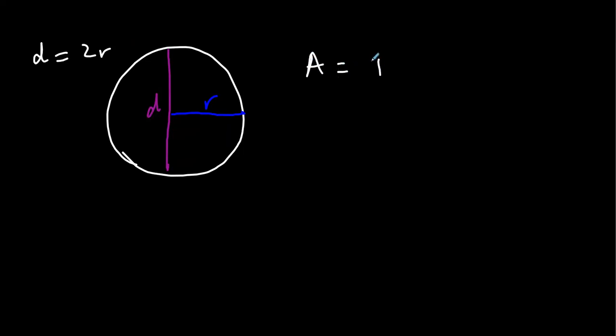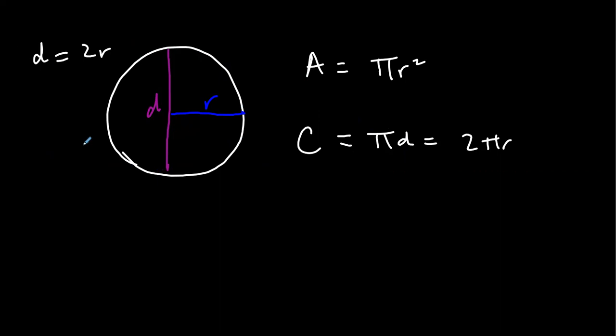Then the area of the circle is pi r squared, and the circumference of the circle, that's just all the way around the perimeter of the shape, would be pi d, which is 2 pi r. And the reason these are equivalent is because of this relationship.